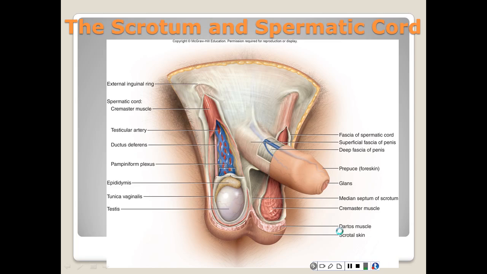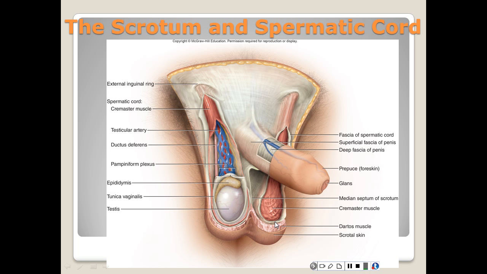Okay, second we have the dartos muscle. Here it is on either side. It is a subcutaneous layer of smooth muscle and also contracts when it is cold. And then the scrotum becomes a little taut and wrinkled, helping it to hold the testes against the warm body.